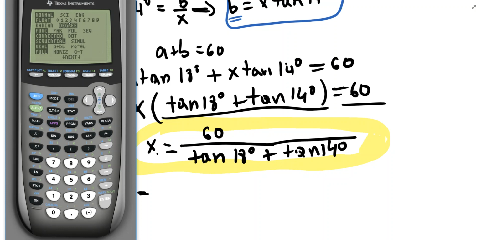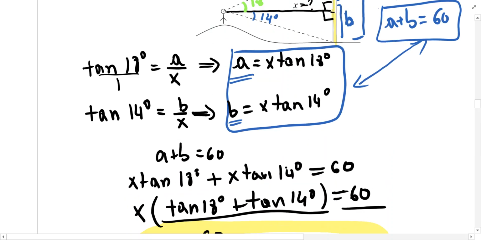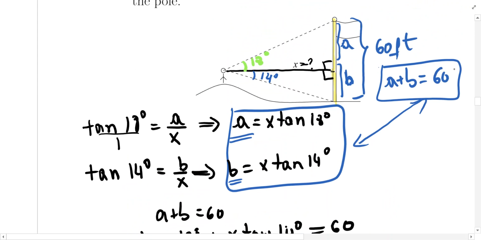I know that I'm in degrees, and then just put it in the calculator: 60 divided by parentheses tangent of 18 plus tangent of 14, close. That would give me that X is about 104.48 feet, because the pole was measured in feet, so that's how we know we are working with feet.